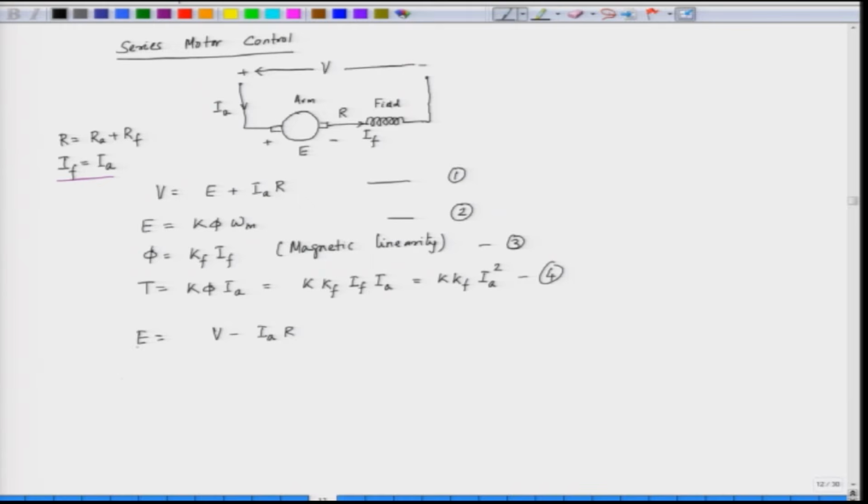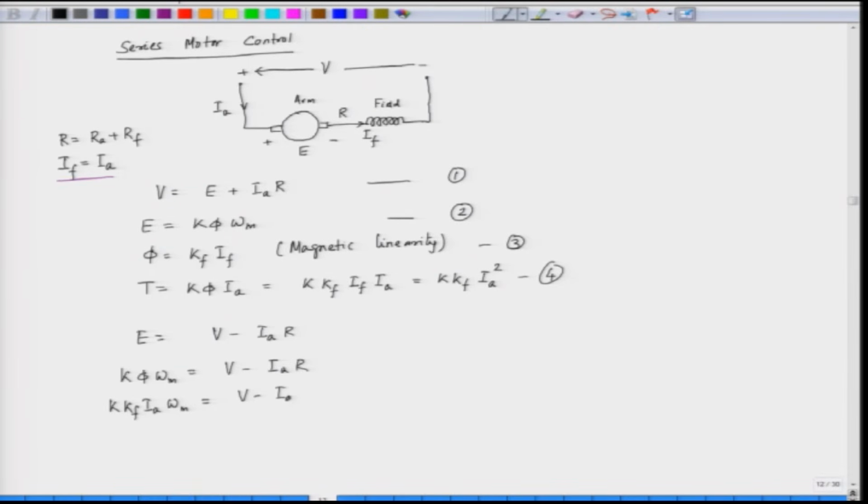E is the back EMF, which is k phi omega m, that is equal to V minus IAR. Phi is kf into IA, times omega m.